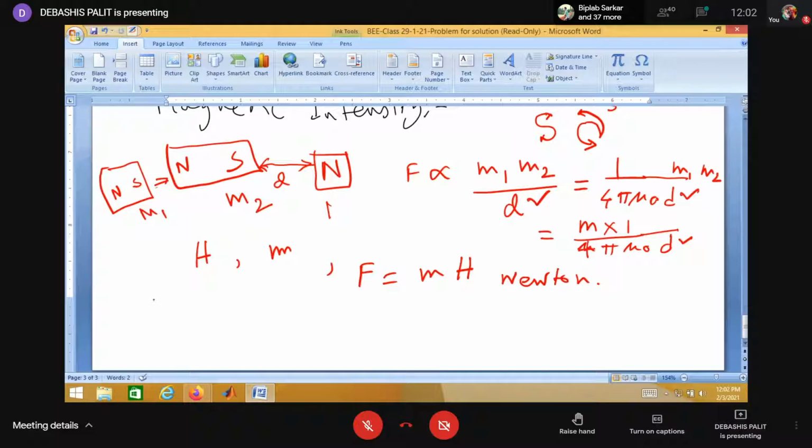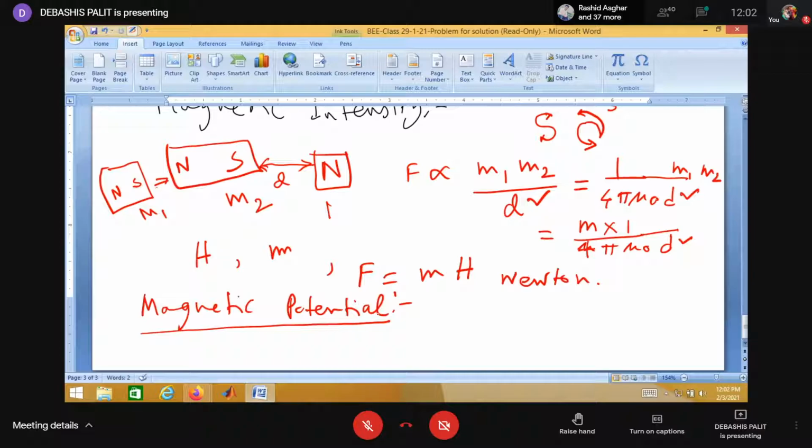Now, what is your magnetic potential? That is analogous to the electric potential. Electric potential is the work done in carrying a unit positive charge from infinity to the point where the potential is to be measured.